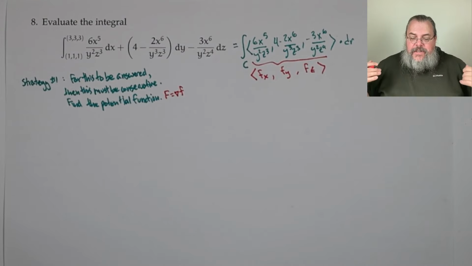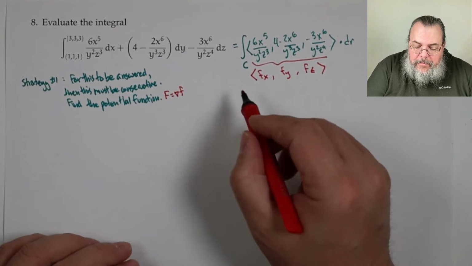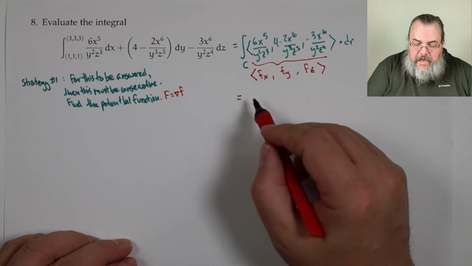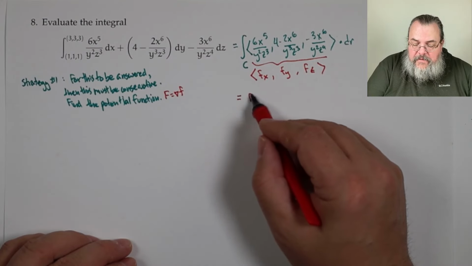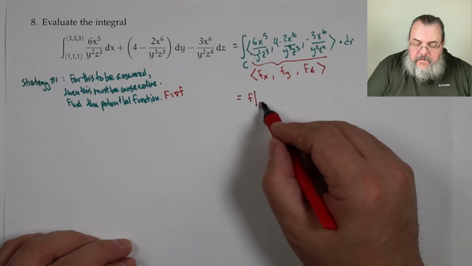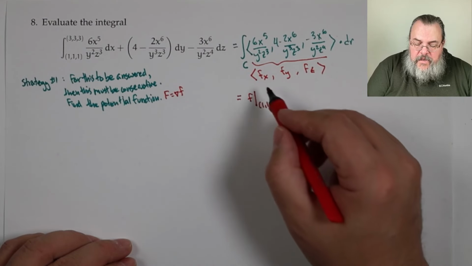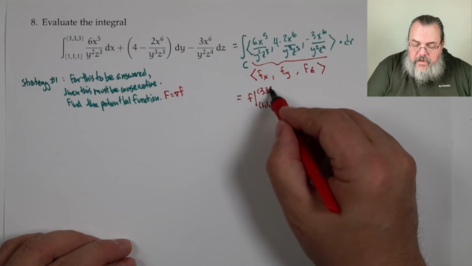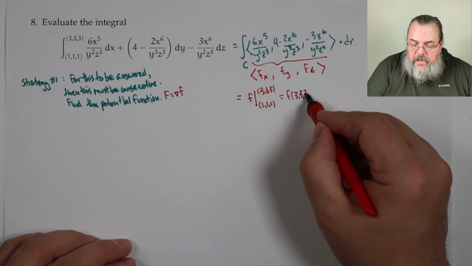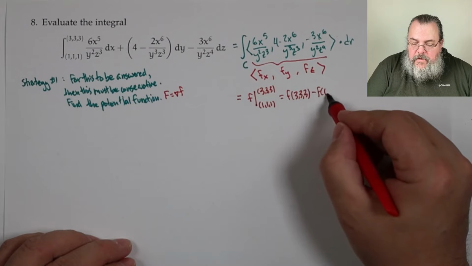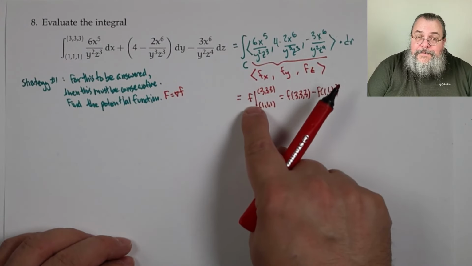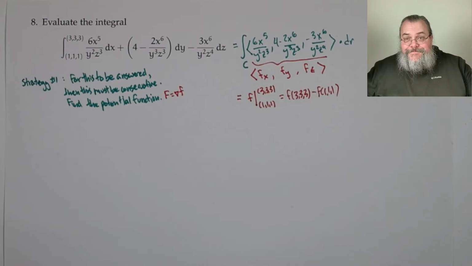And if we can, this integral becomes f evaluated from the start to the end. We know the start is 111 and the end is 333. So this becomes f of 333 minus f of 111. If we can find f, we win.